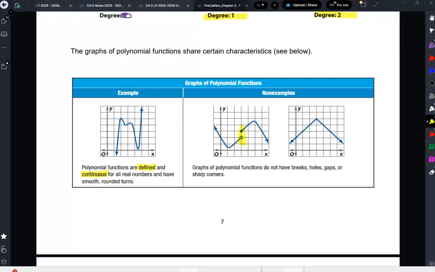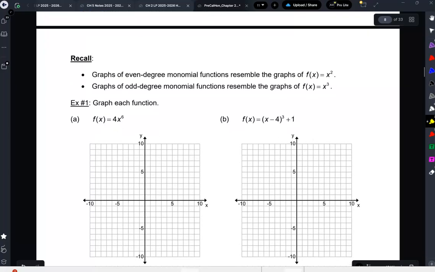There's clearly a jump discontinuity there. This next one is continuous, but the fact that there is a corner here and it's not a round turn, that makes it not a polynomial function. Okay? All right.